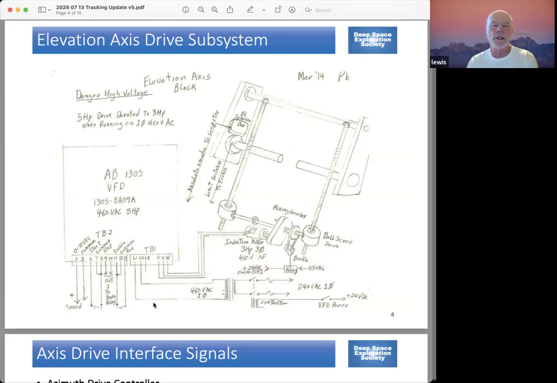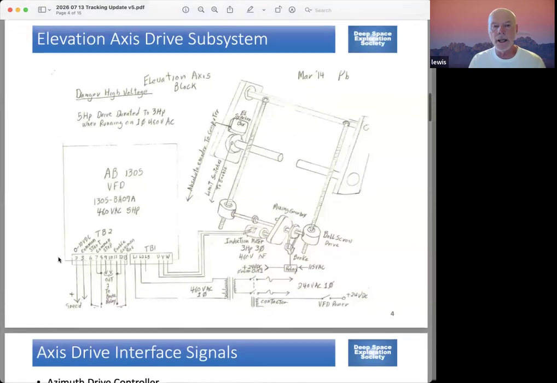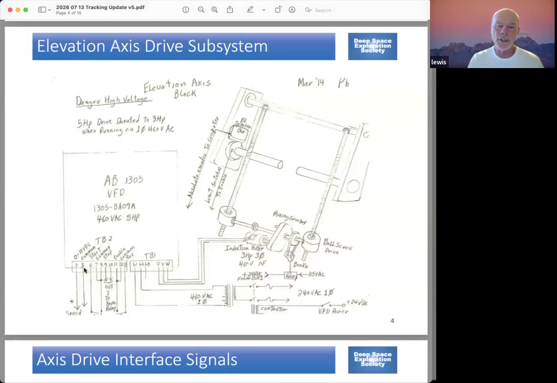And then there's a speed input that's labeled down there. In this case, the voltage range is from 0 to 10 volts, but the direction is controlled by those two run forward and reverse signals. So it's an analog signal. The speed is analog, but it's not differential as it is in azimuth.